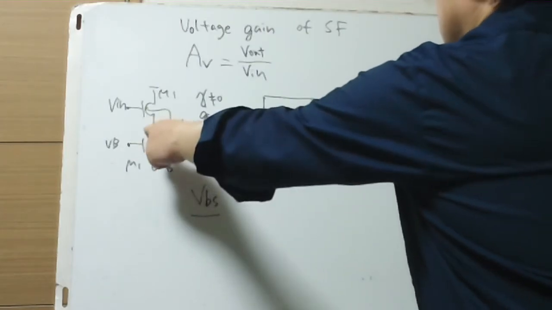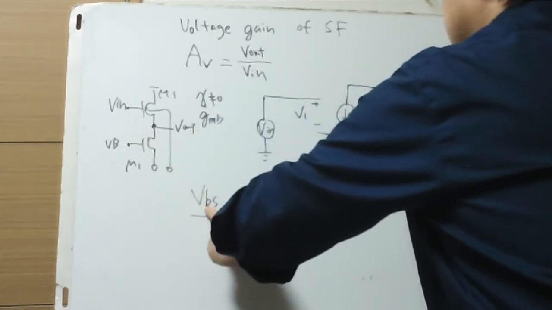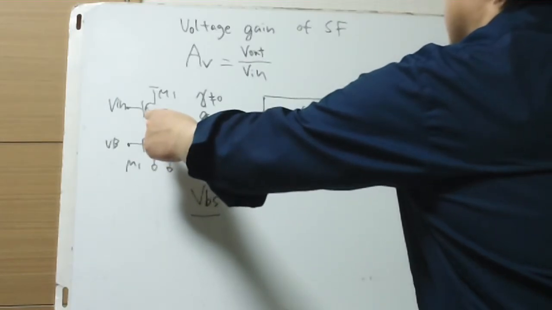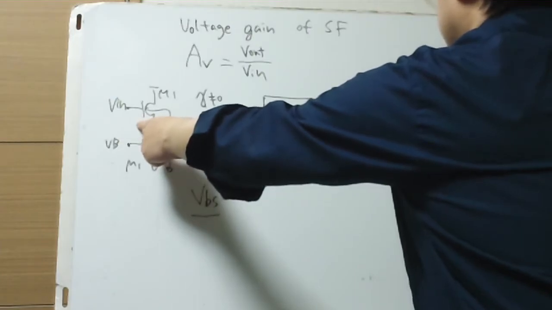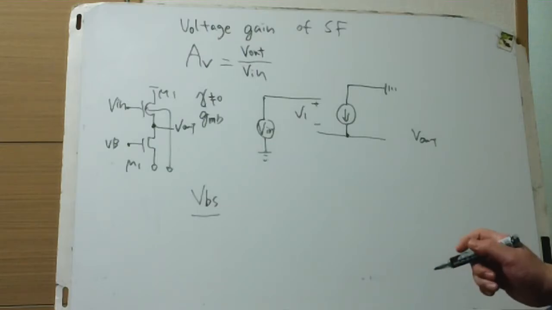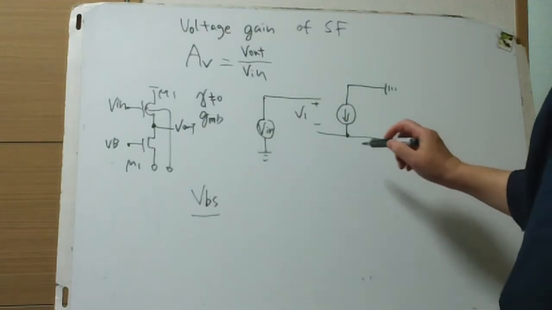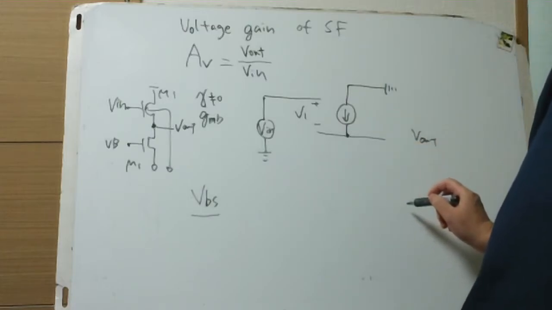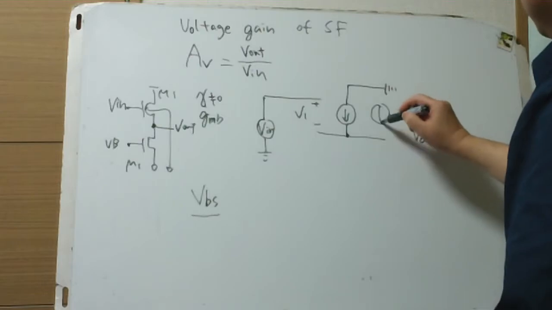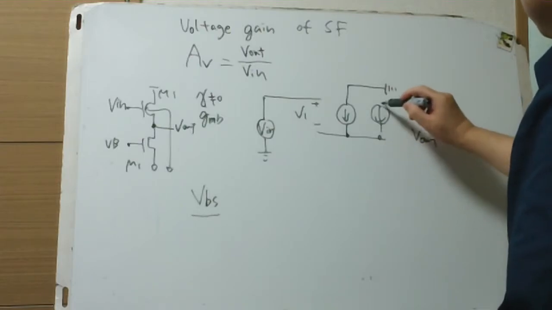This is bulk minus source, 0 minus V out, which is V out to 0, and this connects, V out minus 0.